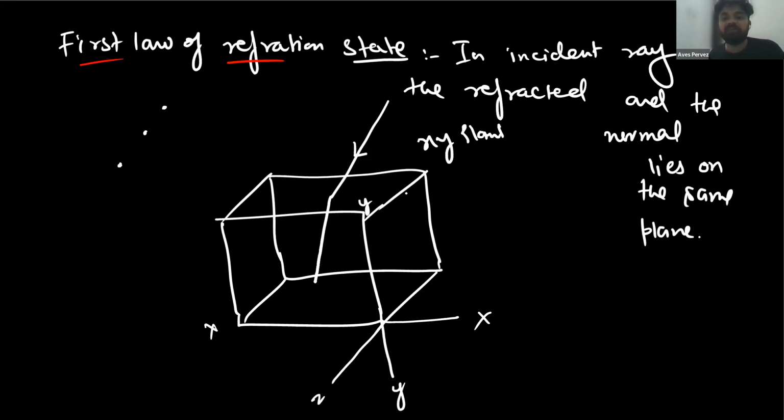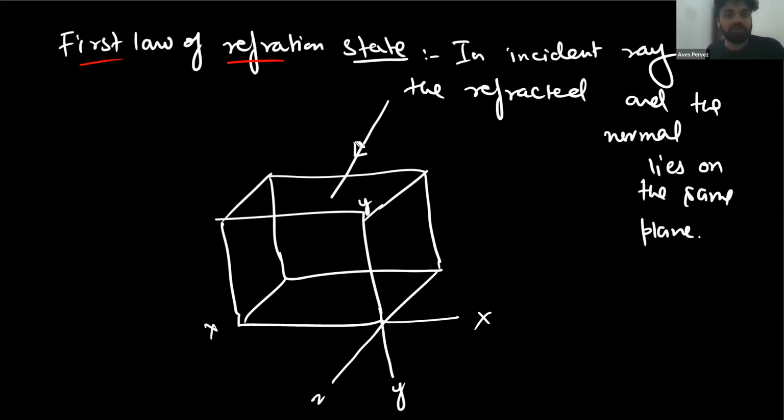Similarly, let me explain again. Let's suppose a ray is traveling this way, entering into the screen. You see the particle trace: that particle is moving into the screen, meaning along z, and it is moving along the x-axis also.